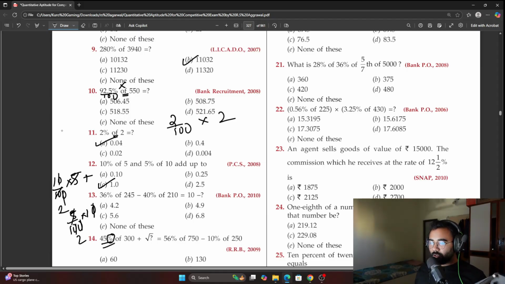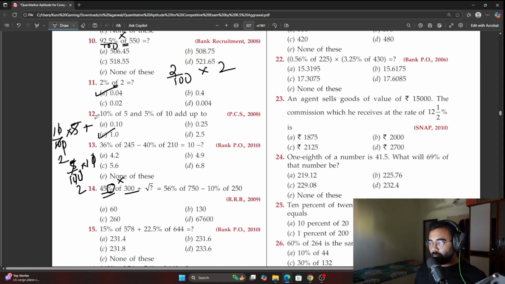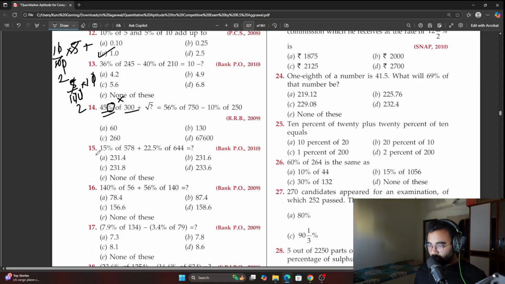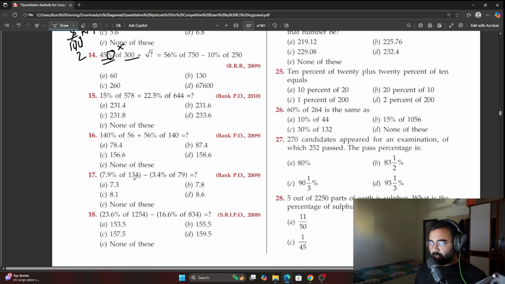And what do you put in place of off? Multiplication. 300 remains. And then you just simply carefully do the calculations, and I think you will not have any other problem. 15th question is also the same. 16th is also the same. These are questions that test your arithmetic ability. So do not rush these questions.